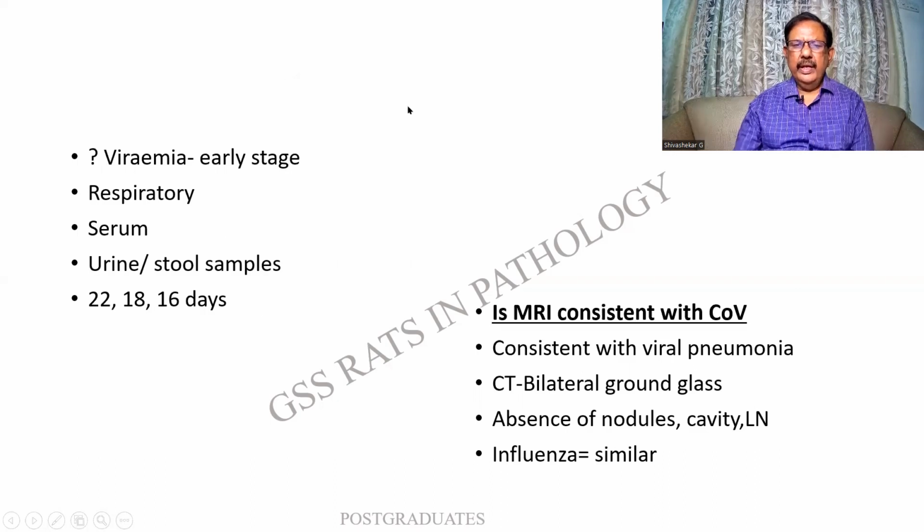Most of the picture in radiology is not very specific, but is consistent with viral pneumonia. Classically, the CT scan shows a bilateral ground glass opacity. Absence of nodules, a cavity or a lymph node can rule out other infections such as tuberculosis or diseases of unknown origin such as sarcoidosis. Influenza can have a similar radiological picture.